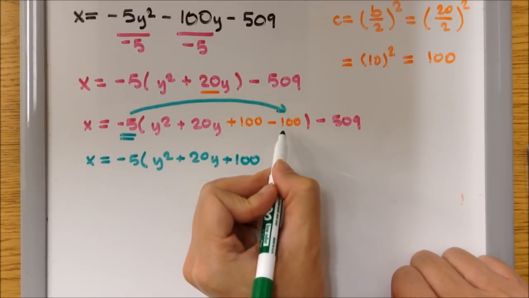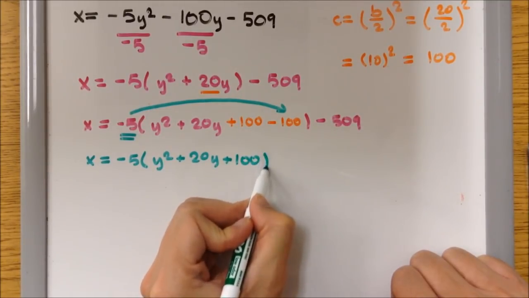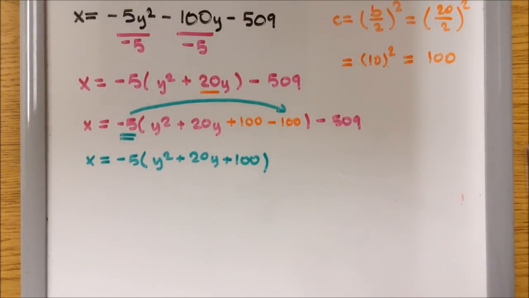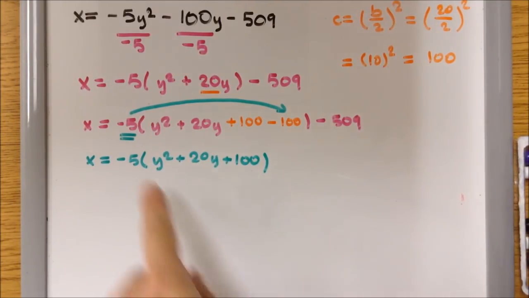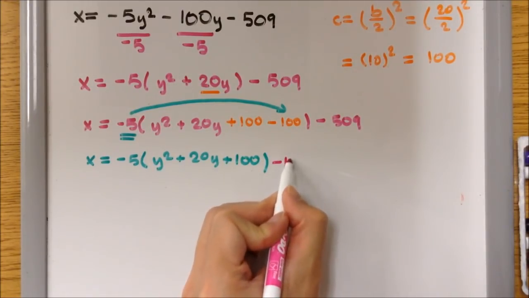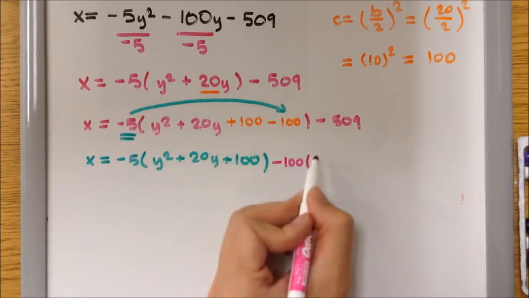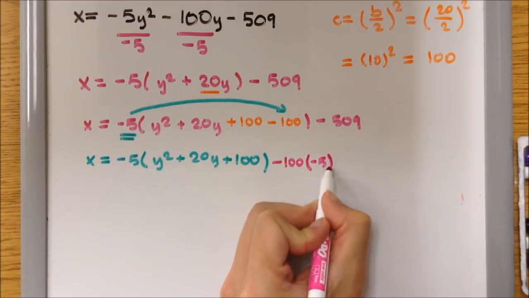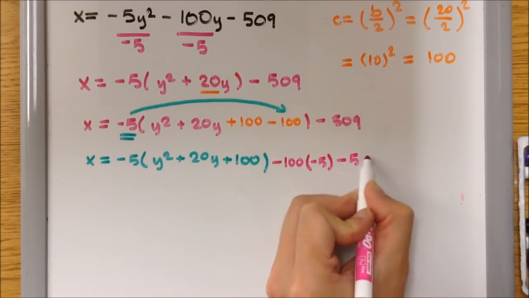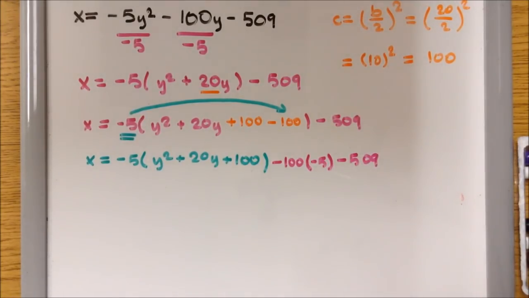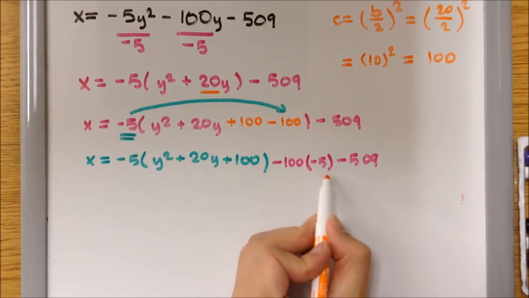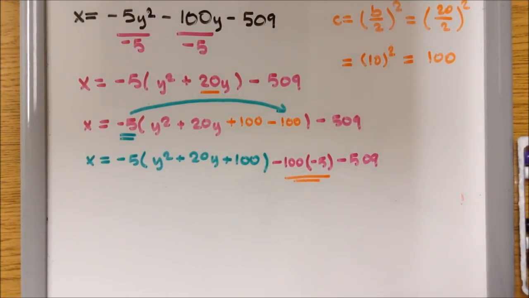Now since I'm bringing this -100 outside, I'm going to close parenthesis here. The only thing that's different is I'm going to have the -100 here, but I'm also multiplying by that -5 because I'm distributing, and then minus 509. So that's what's going on, and these two will multiply.